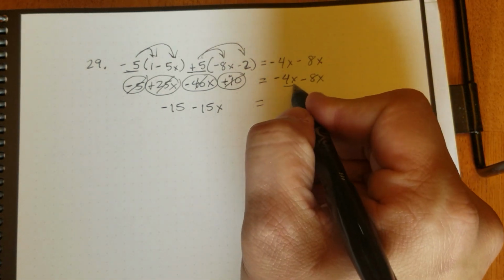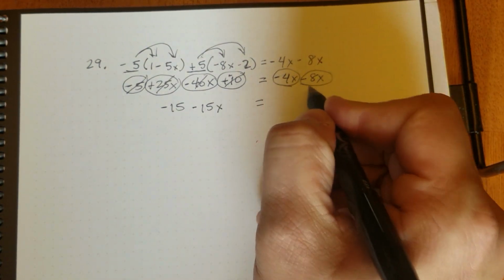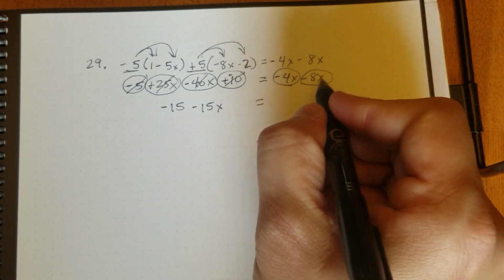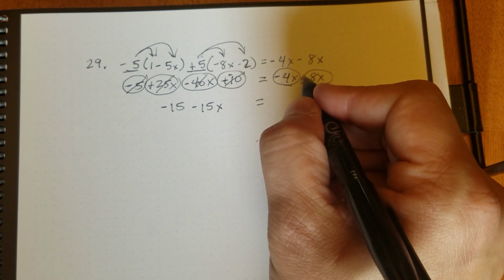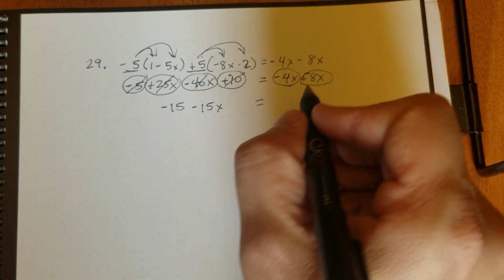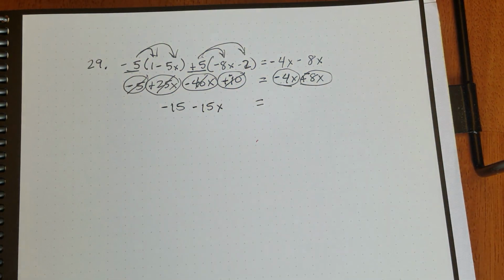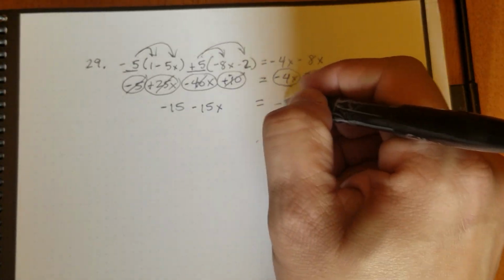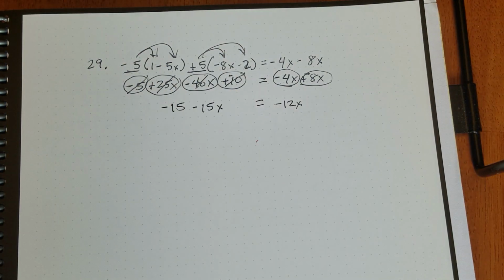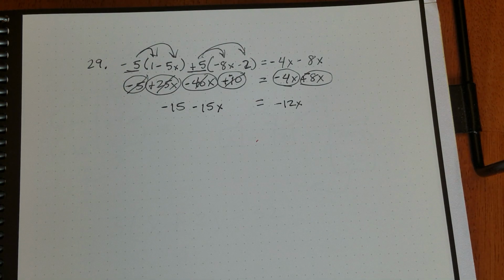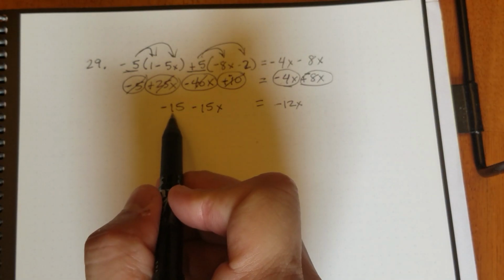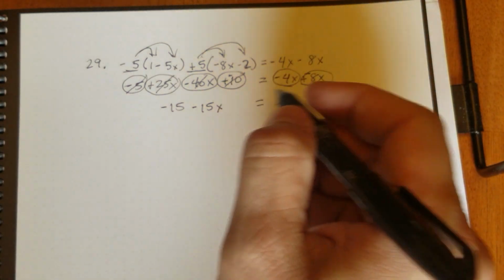And if I look here, these also on this side could go together. So negative 4x minus 8x, change to plus a negative. Negative 4x plus negative 8x is negative 12x. And now when I look here, I see that I want to get all my x's on one side.